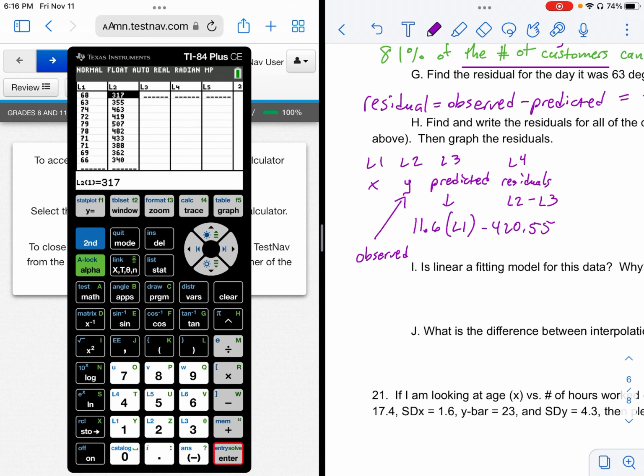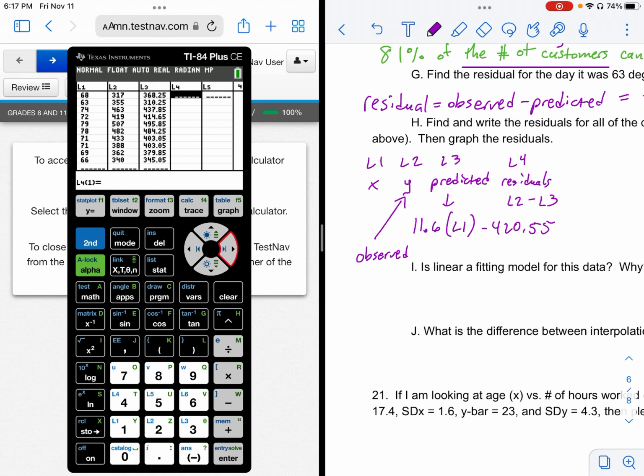So stat, there's my numbers. In list 3, I want to generate all of the predicted values. Let me slow down. I went up to the top on L3 and did 11.6 times L1 minus 420.55.